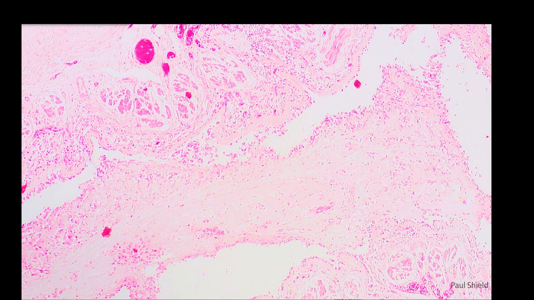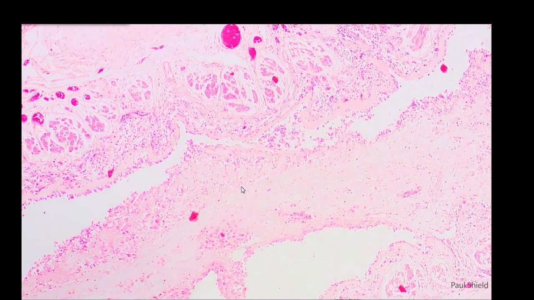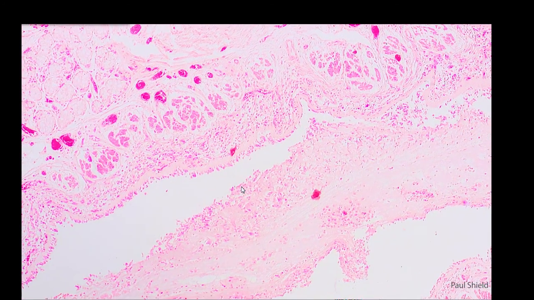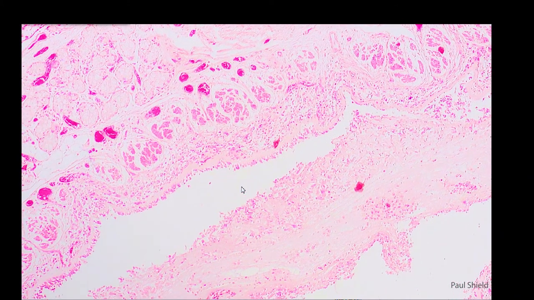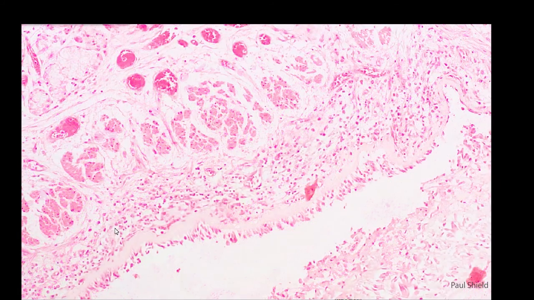Just going back on low power, there's a couple of other things that you often see as well. So there's our mucus plug there, and then underneath the mucosa again we've got a couple of areas, different types of tissue, and these areas are smooth muscle tissue, and up there is glands.